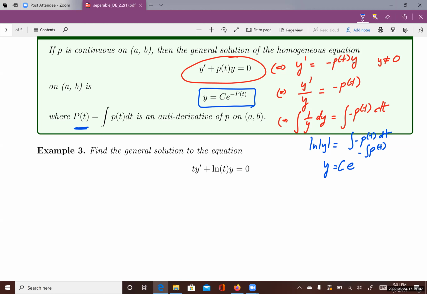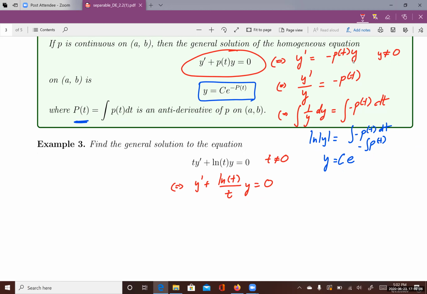Okay. As we remember earlier, we always want to have y prime by itself, so we divide. So when t is not 0, y prime plus ln t over t times y equals 0. And then I can use separable equation, or I can use this formula. It's up to you, but I would like to use separable equation here.